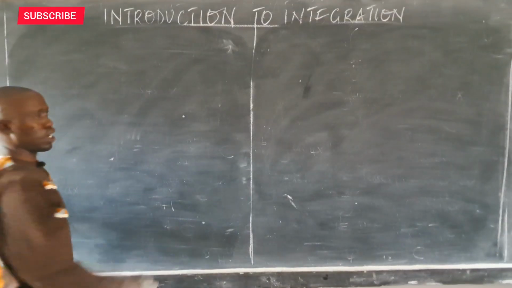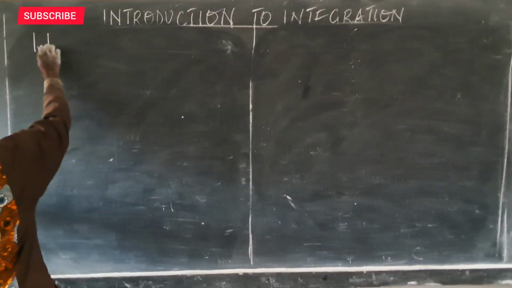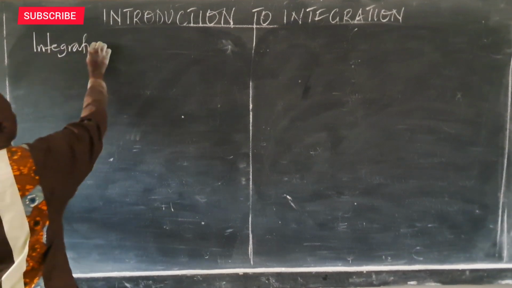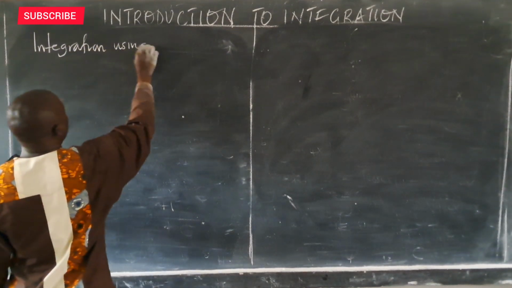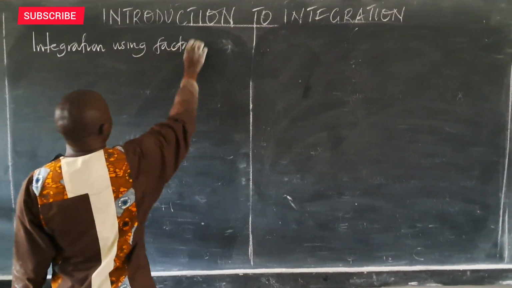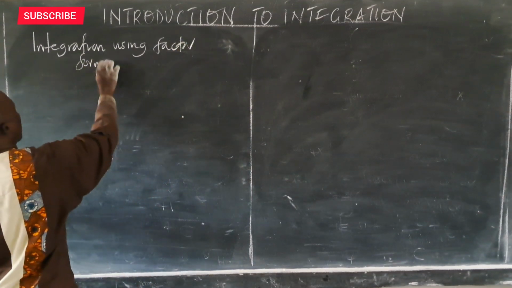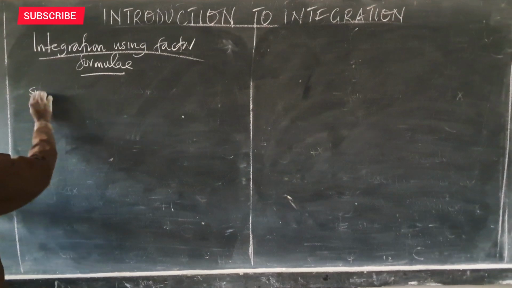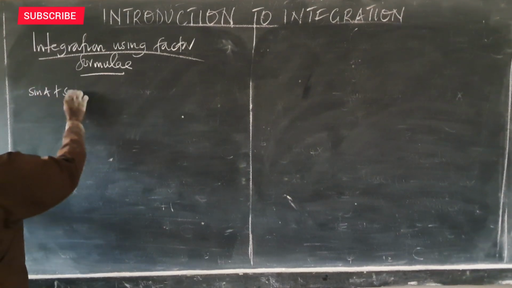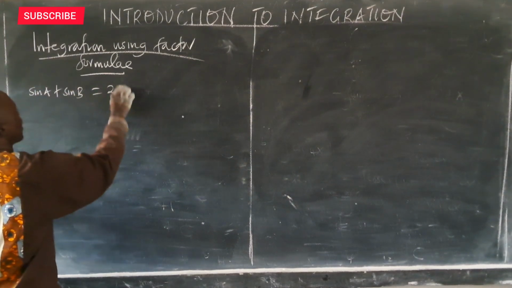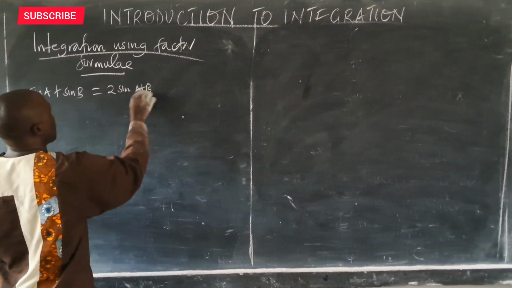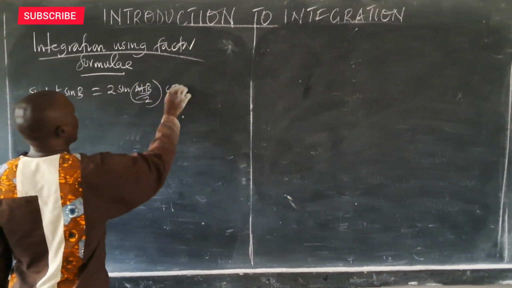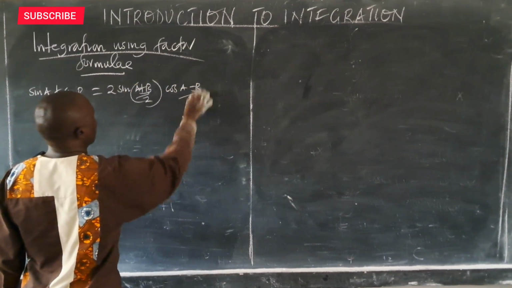So let us look at integration using the factor formula. Recalling the factor formula: sine A plus sine B is equal to 2 sine (A plus B) over 2 cos (A minus B) over 2.